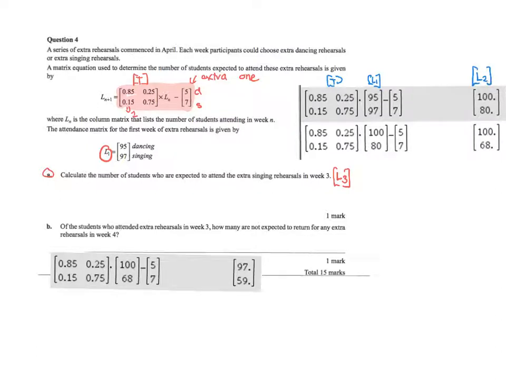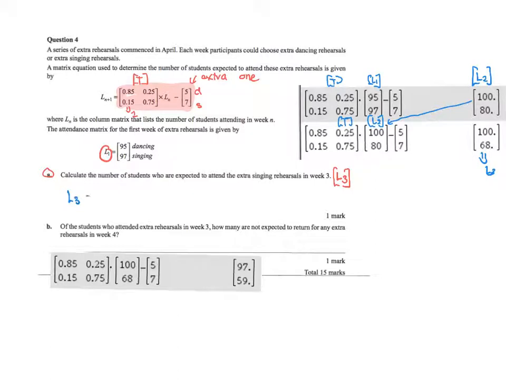Now because I want L3, I'll do the transition times L2. Can you see I put that number in there? Yeah. And now I've got L3. So I calculated the number who are expected to attend singing rehearsals.